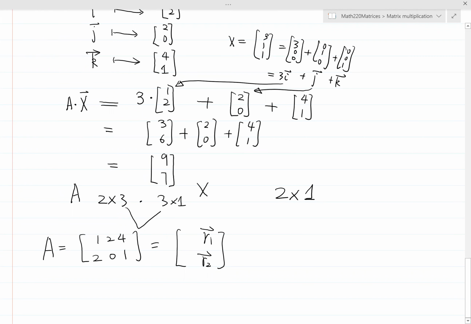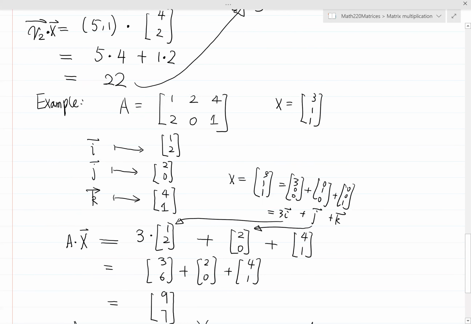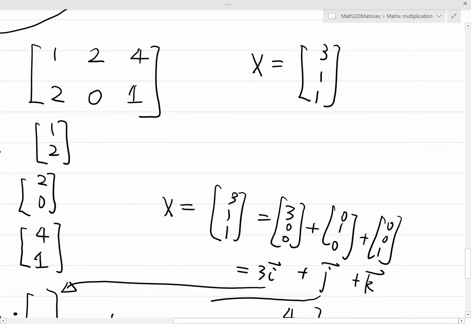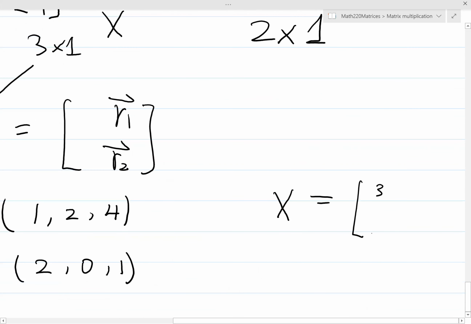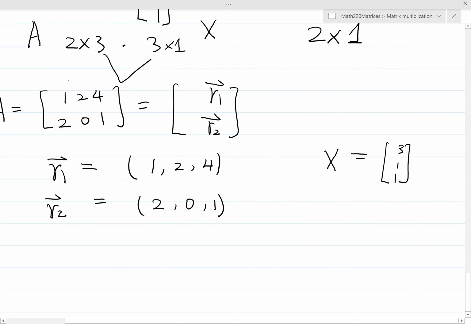So R1 is 1 2 4, and R2 is 2 1 0, and remember our x is 3 1 1. So the first entry, we expect our result to be 9 7.